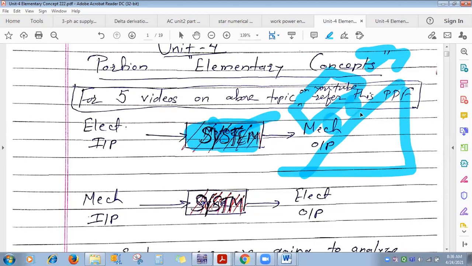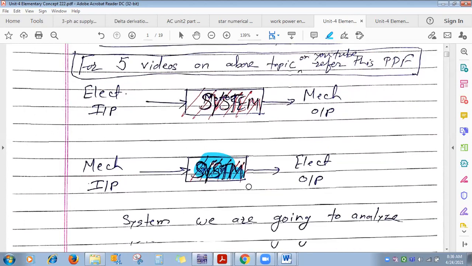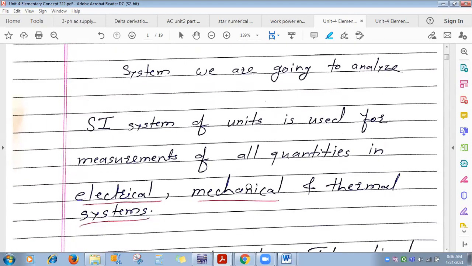Okay, so any motor pump assembly or lift, that comes under this type. Electrical is the input and mechanical is the output. Or this vehicle moving on a road having some slope. And another type of system is generator. Directly generating station, it is given in the numerical. So for generator, mechanical is the input and electrical is the output. These systems only you are going to simplify in this unit.